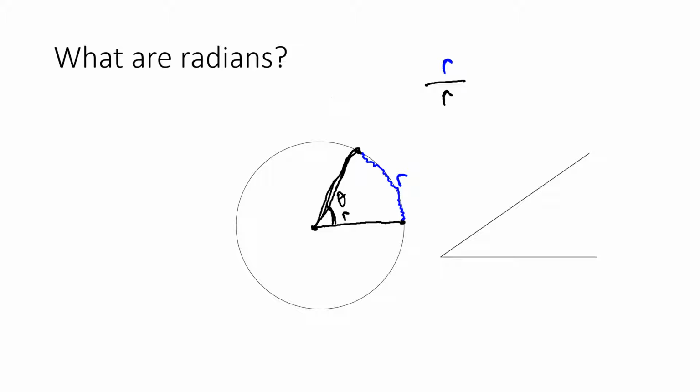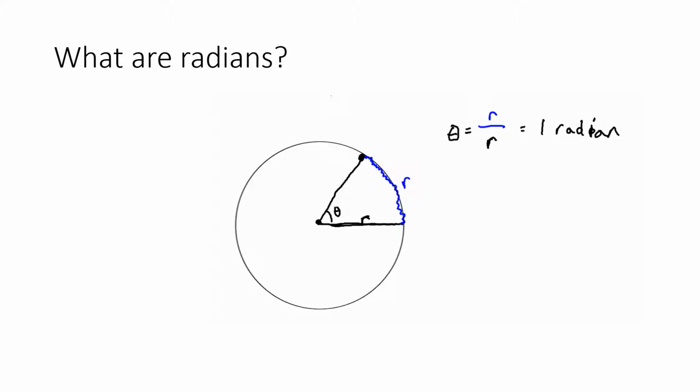So if we call that comparison theta, then this is going to be exactly 1. Keep in mind that we were using the radius as a reference, so this is basically what we mean when we say 1 radian. So 1 radian is the angular distance that is traveled by exactly 1 radius length.